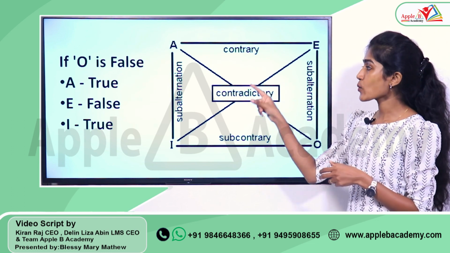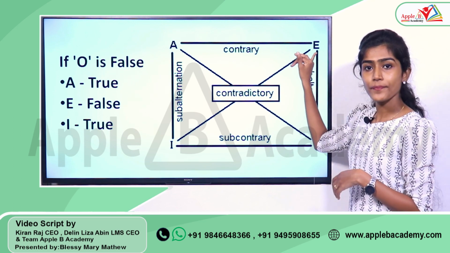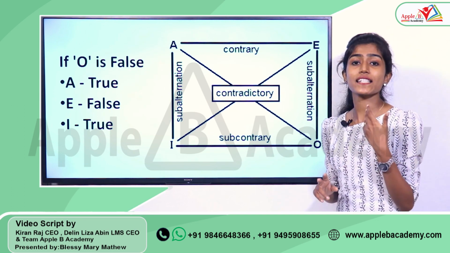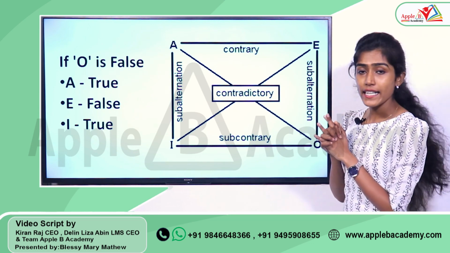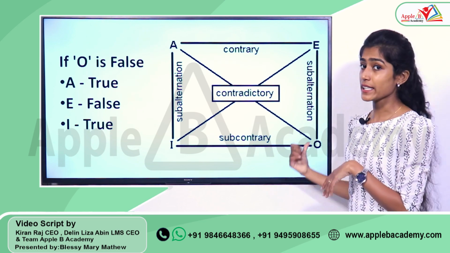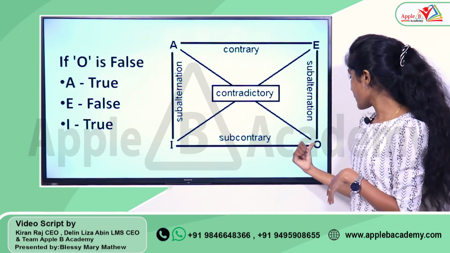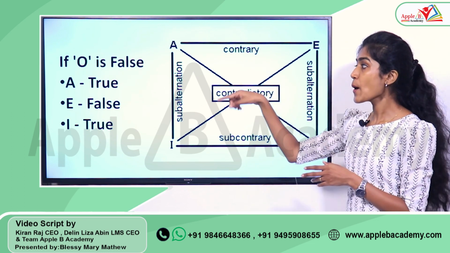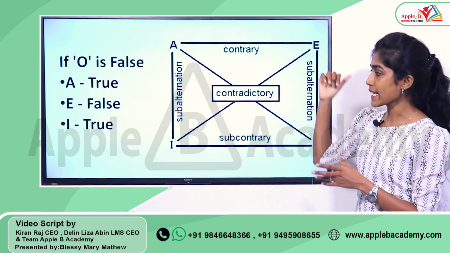Subordination, or the subaltern relationship, we can define as: if the universal is true, the particular is true. If the universal is false, the particular is undetermined. If the particular is false, the universal is false. If the particular is true, the universal is undetermined. In this case the particular, the O proposition, is false, so E is again false.